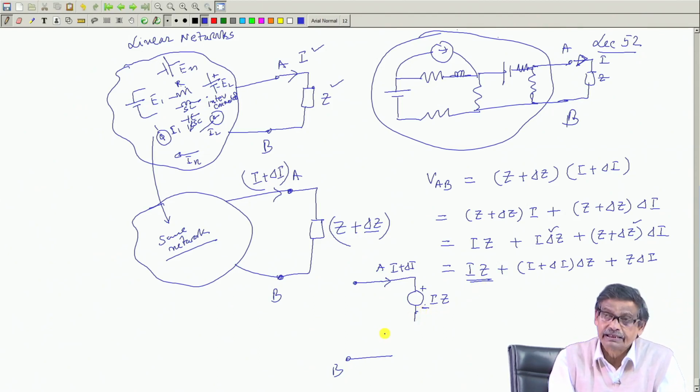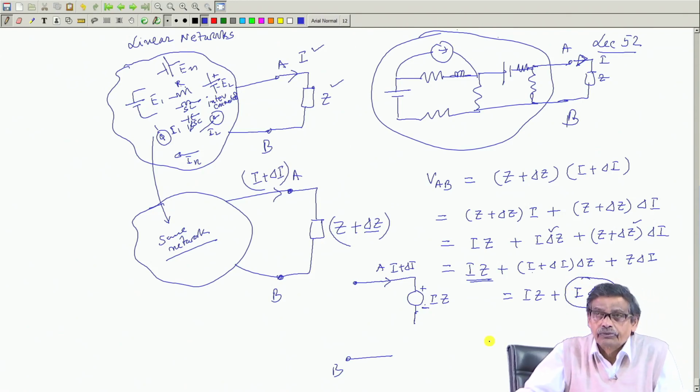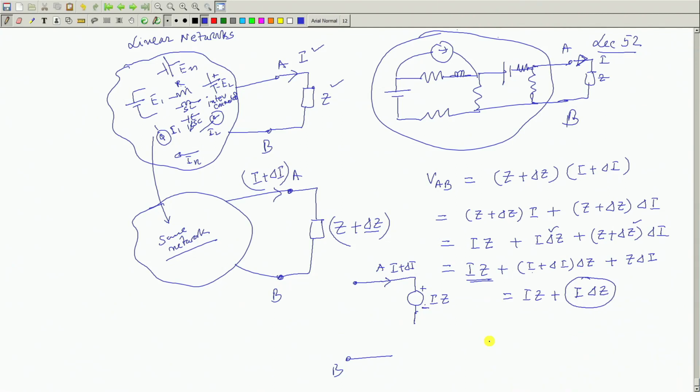So, there is a source like this. Then I will say there is another source, I plus delta I. Here is an impedance I into delta Z. This term I Z is there plus I into delta Z. About this term I into delta Z, it is also known, because I was the original current when Z was connected, it was given to me, and delta Z, the amount by which Z has been changed, is also known to me.